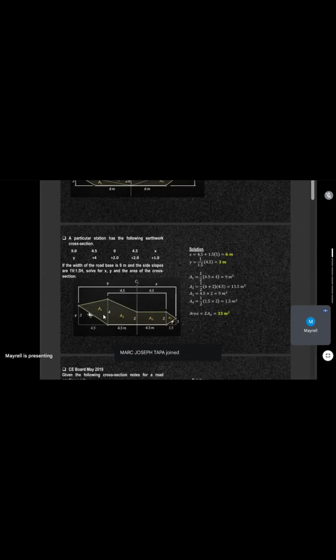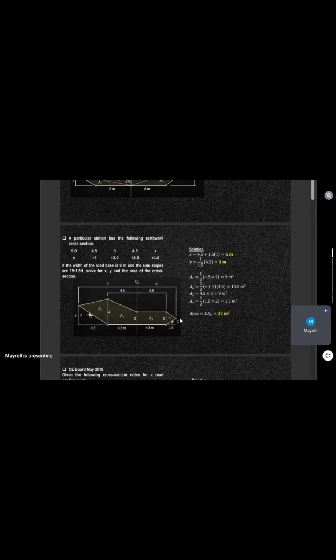That is 9 minus 4.5, so this is 4.5. And with the side slope, that is 1 is to 1.5, you can solve for y. Y is 1 is to 1.5 times 4.5. So y is 3 meters.